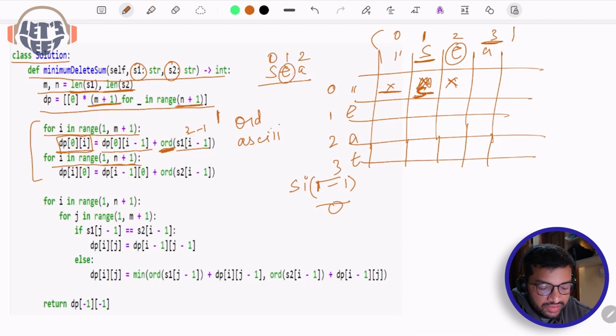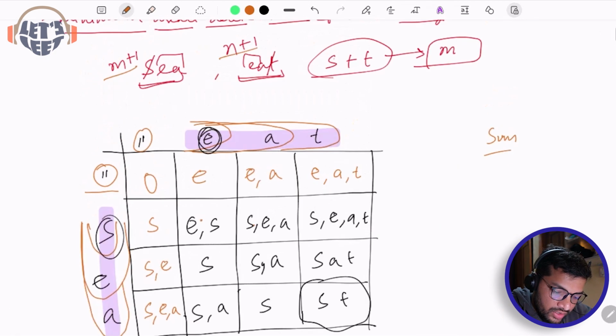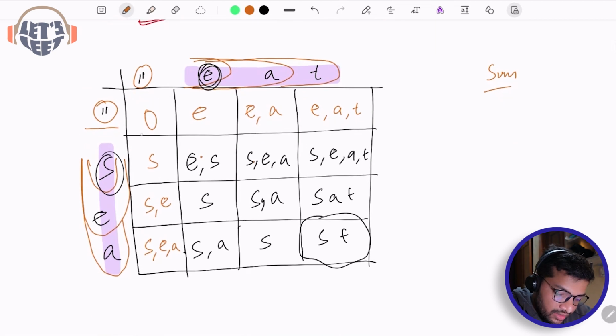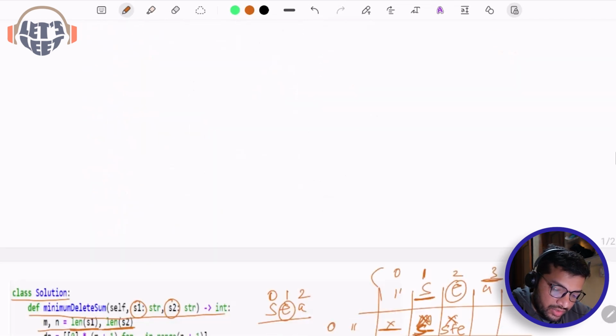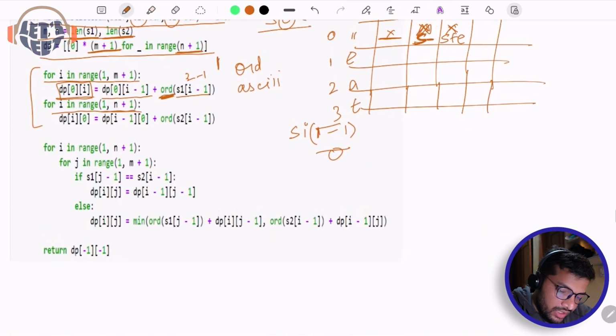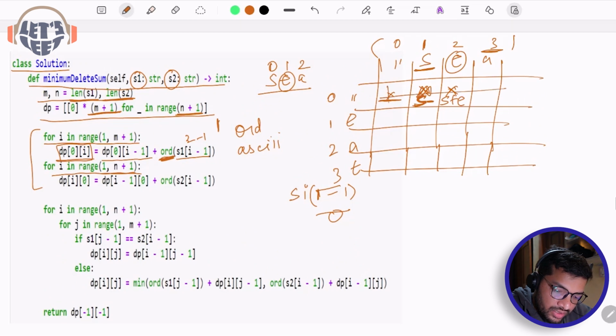So E comes at the first index, so it will store the value of S plus E. That's why I told you to remember this pattern. Here it's taking this plus this in this cell. In this cell it's this plus this plus this, and in a similar fashion the previous cell plus the current value of that particular column. In this way we fill both the first row and the first column.